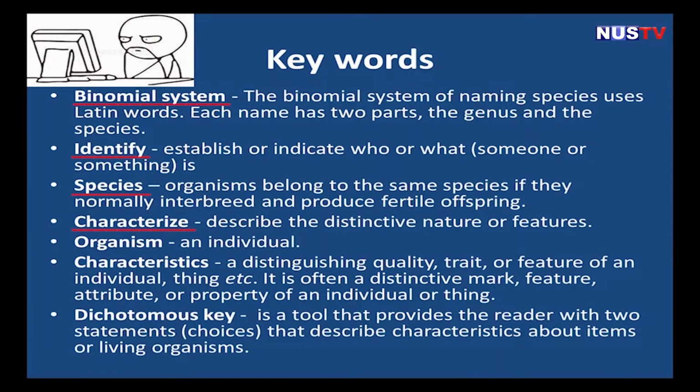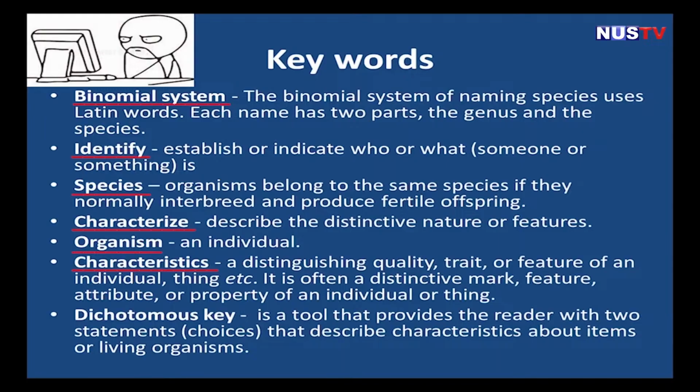Characterize means to describe the distinctive nature of or features. Organisms, when you see this word, it means an individual or one living thing. Characteristics are distinguishing qualities, traits, or features of an individual and many other things.